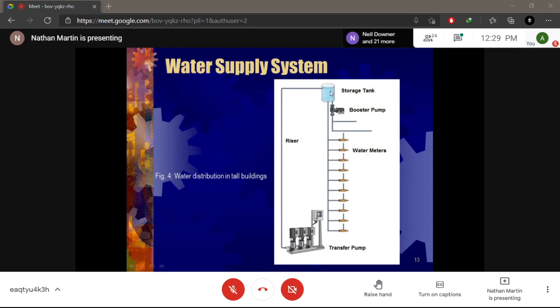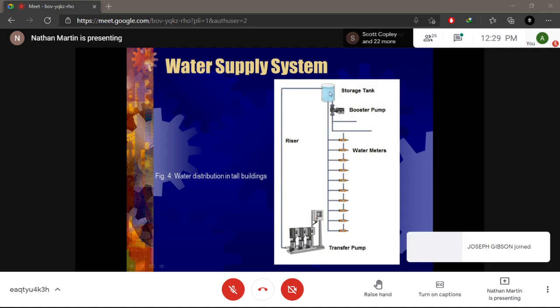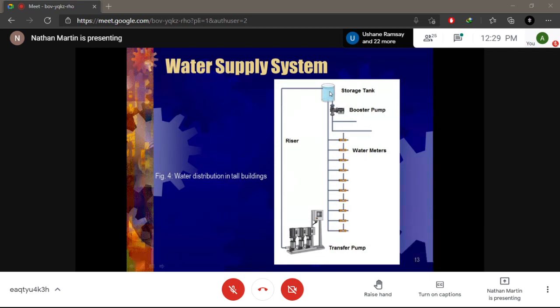Now, the advantage of this type of connection is that when the water goes out, if you have a large enough storage capacity, you will not know until the storage facility runs out, meaning there's no more water in the tank. And it keeps the water fresh in this case.